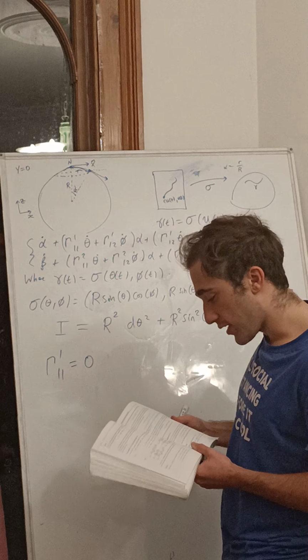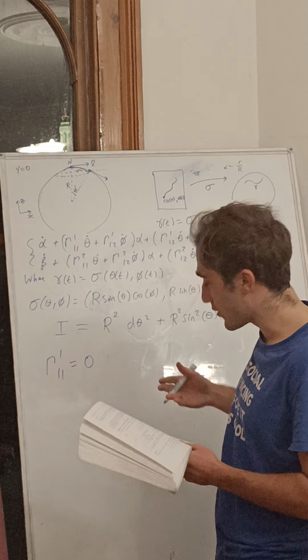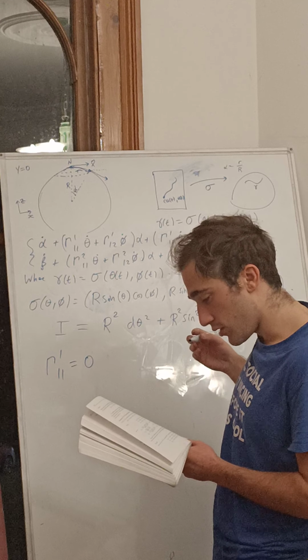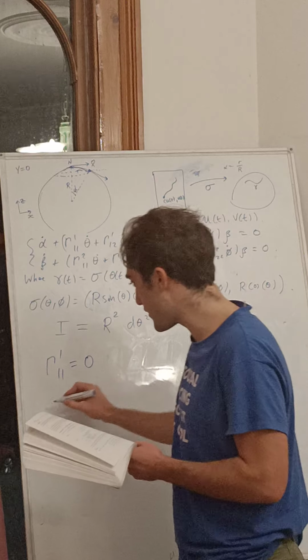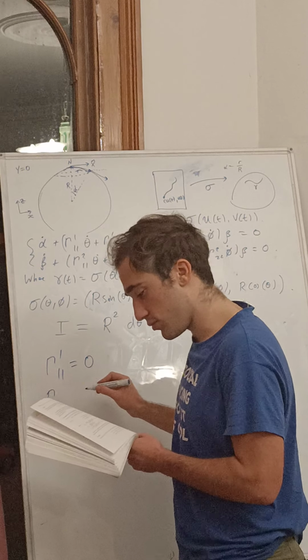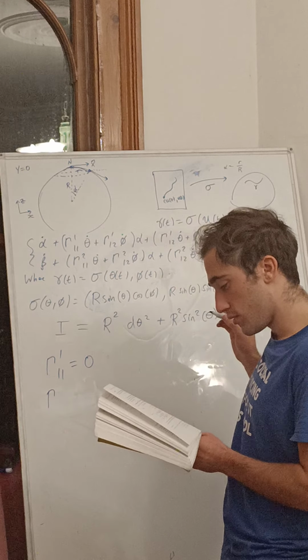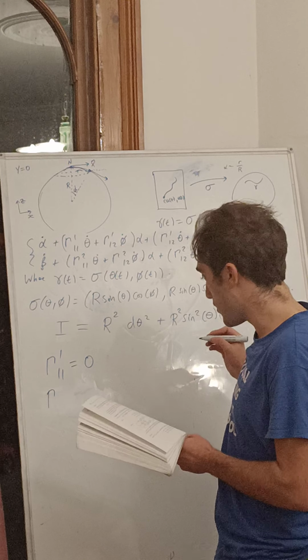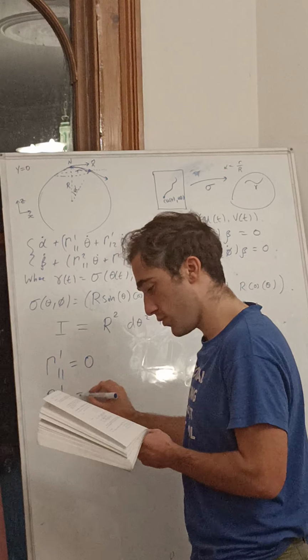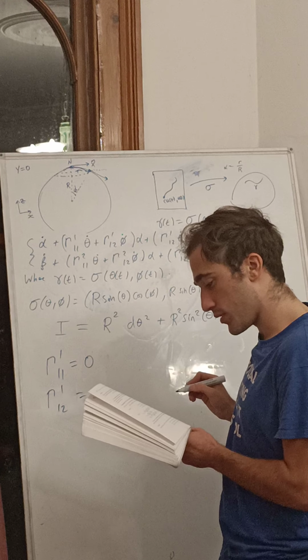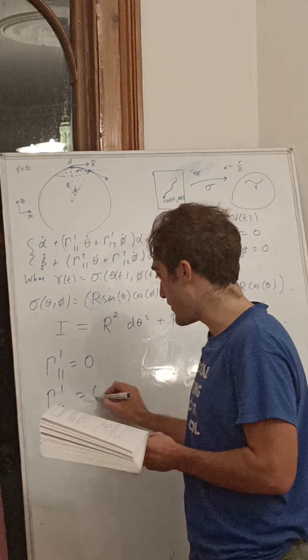In fact, if you look at all of the Christoffel symbols, you can eliminate quite a lot of them. For instance, gamma 1, 1, 2 is going to be 0.